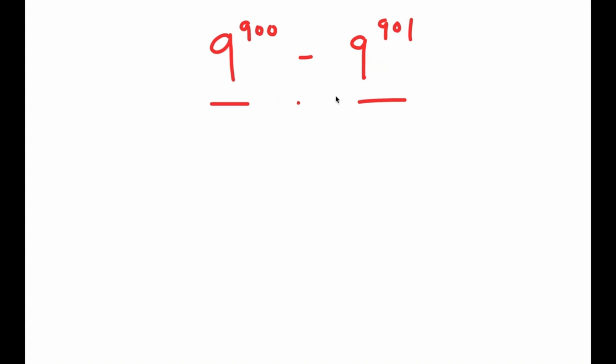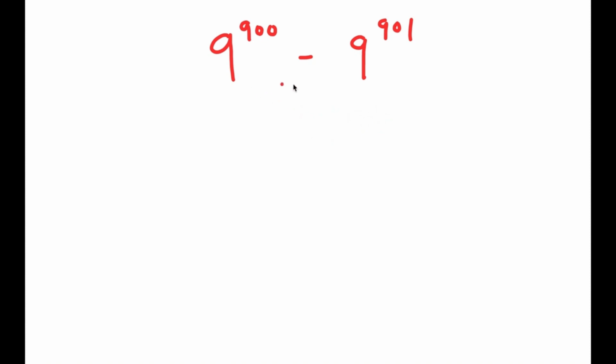And these two terms are pretty similar, except that the exponent for 9 to the power of 900 is 1 less than the exponent for 9 to the power of 901. So the easiest way to solve this is to simplify this as much as we can. And a way to do that is to factor out a term.